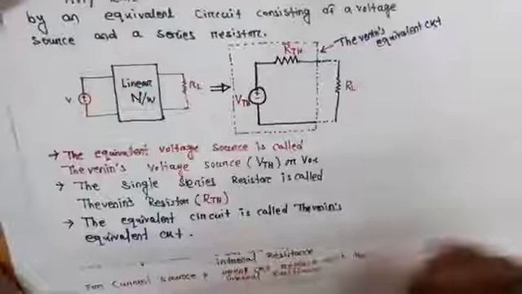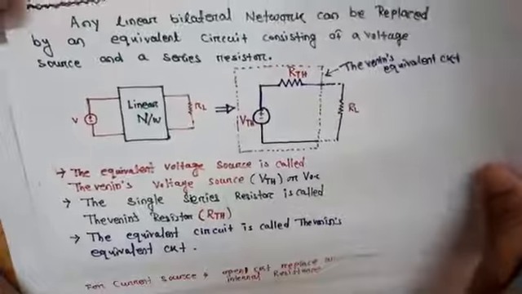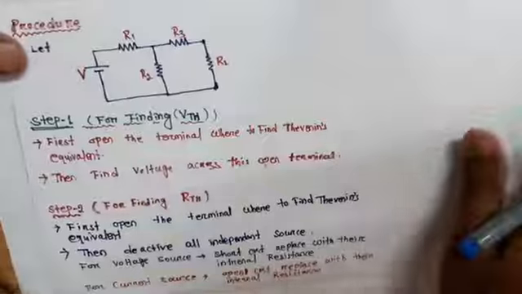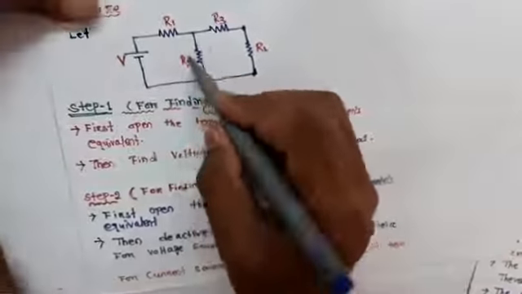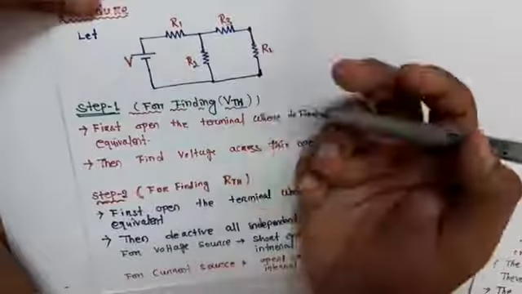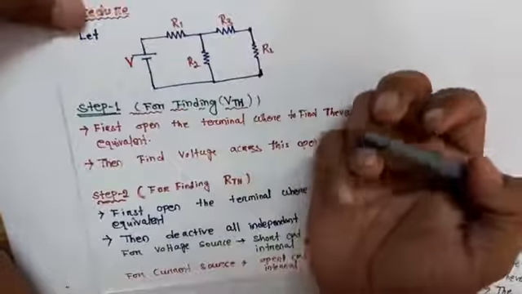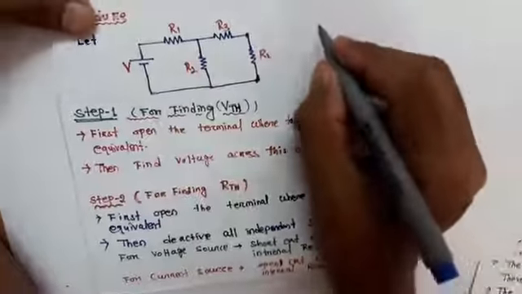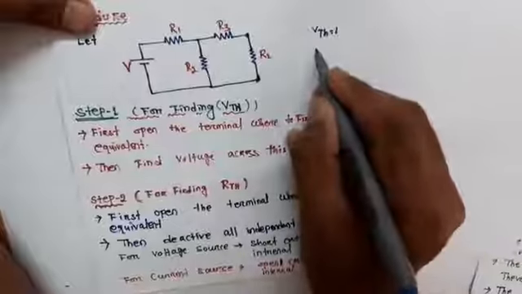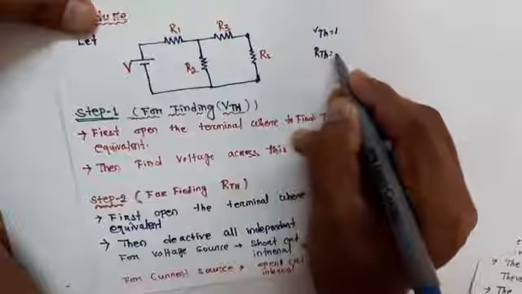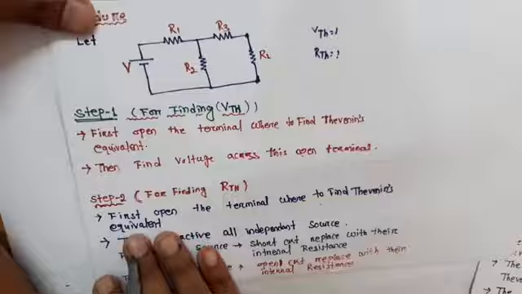Next, we look at the procedure to find Thevenin's equivalent. Let this be the circuit where we want to find Thevenin's equivalent network. We need to find VTH and RTH, and then draw the Thevenin equivalent.